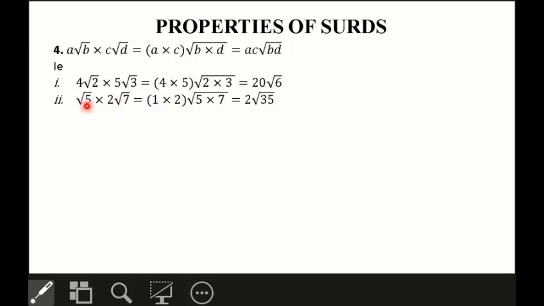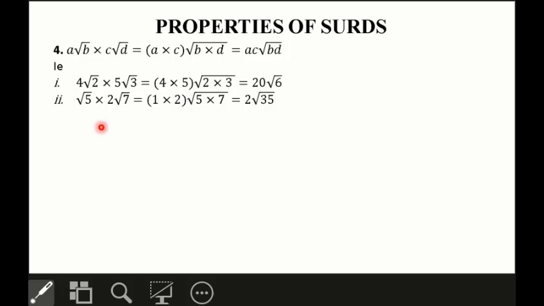Then the 5 and the 7 will multiply under one common root, as shown like this. Then 1 times 2 will give us 2. Then 5 times 7 will give us 35. Then our final answer will be what? 2 root of 35. 2 root of what? 35.